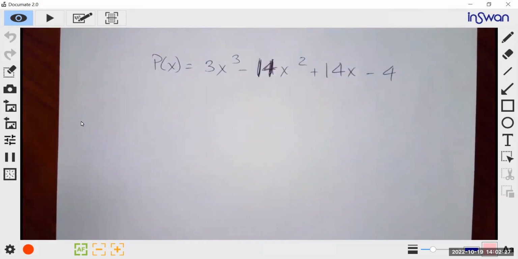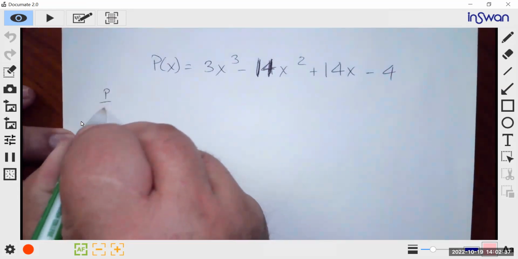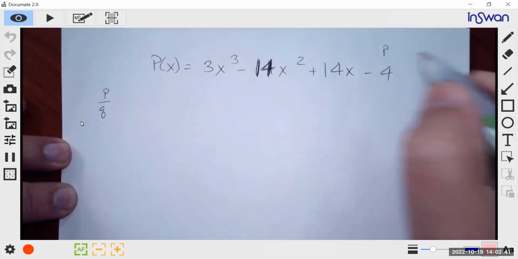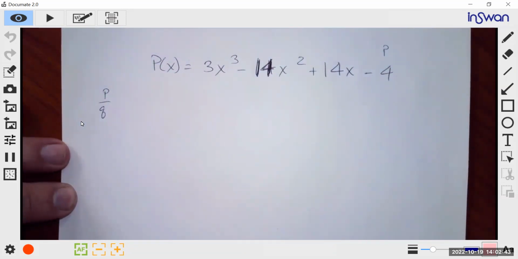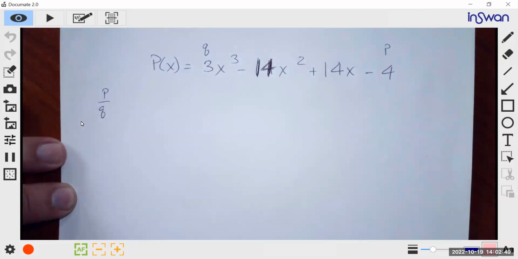Everything I just told you there, remember I told you the P and Q and the factors of P and Q? The P in our equation, the P over Q, the P is the last number, the constant. The Q is the leading coefficient.